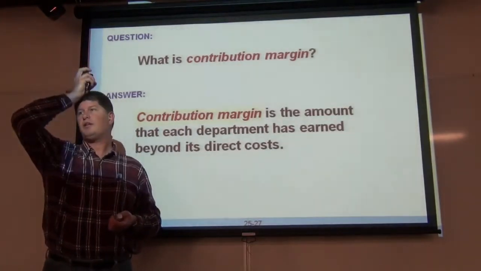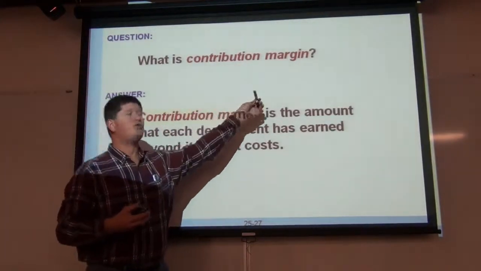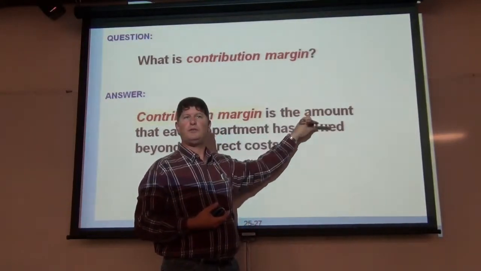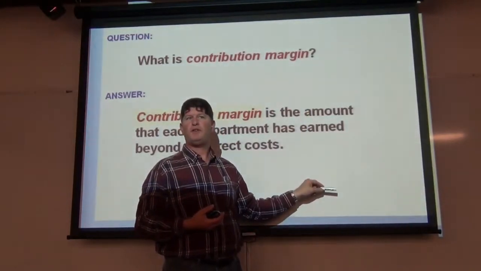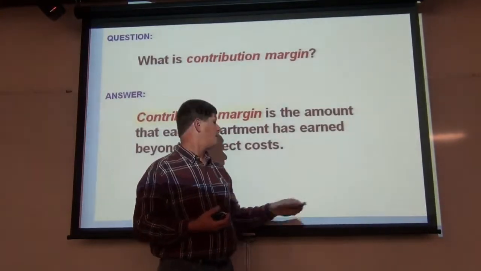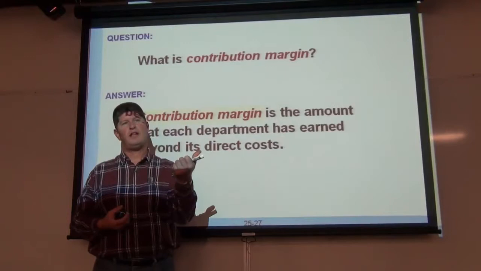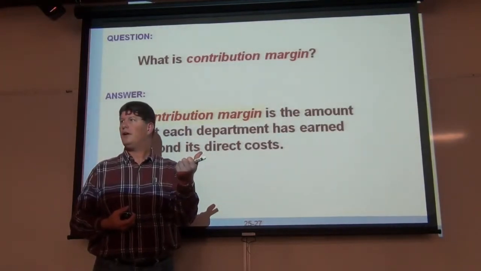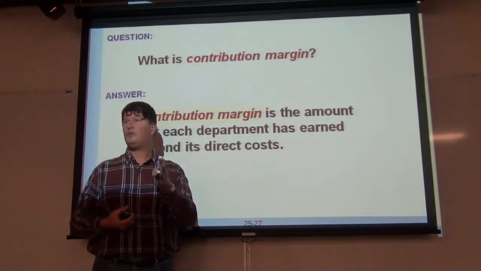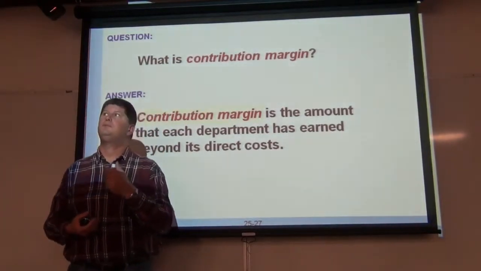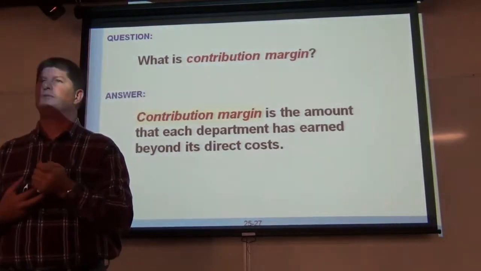Remember the first slide where we had the two departments and we showed revenue and then cost of goods sold, gross profit, right? Then we've got direct costs that go with it. Salaries and wages, and other things that we know are only attributable to a certain department. So for example, let's go back to General Motors.